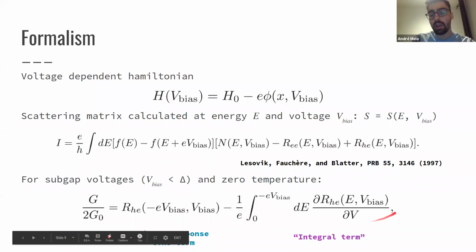Then we have a second term, which we call an integral term, which has a smaller contribution. It involves an integral of a derivative of this amplitude. This term also has some interesting consequences, but indeed the first term has the dominant contribution.